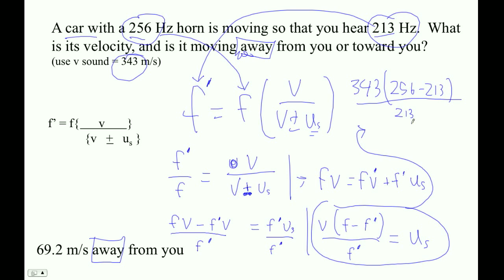So 343 times, in parentheses, 256 minus 213, divided by 213. 69.2, yeah, there we go, we got the same answer. Yay. 69.244 meters per second. There we go. Yay.